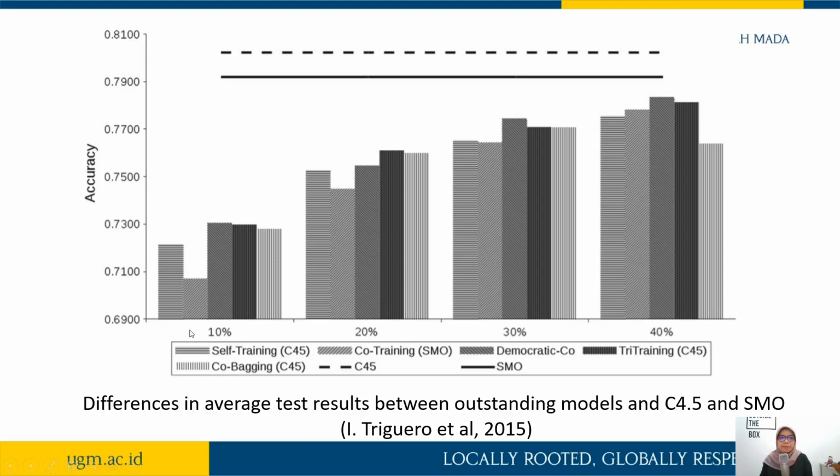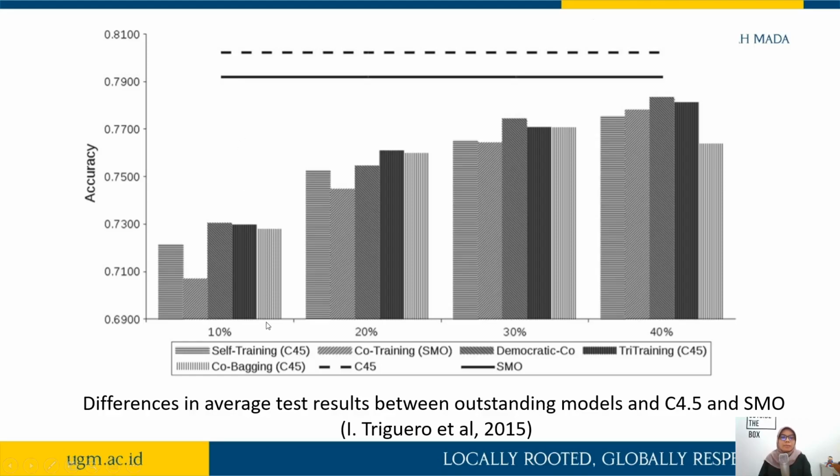Here, this is the difference in average test result between the outstanding models and C4.5 and SMO. These two are the supervised learning. For this test result, the supervised learning obtained around 79 to probably around 80% accuracy using the full training data set.